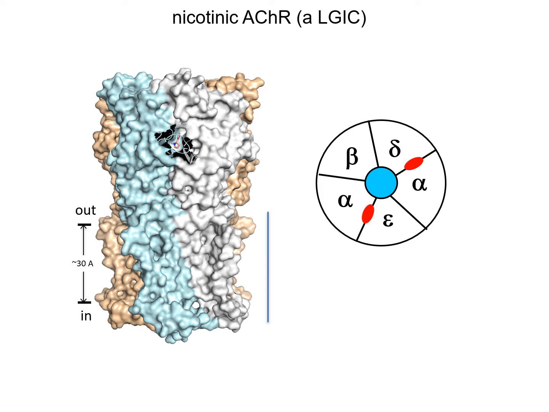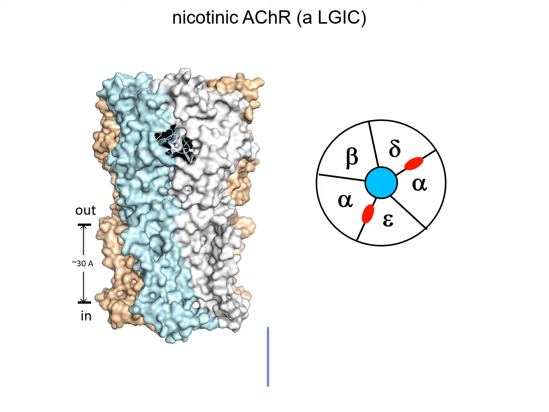In the transmembrane domain at the center, there's a narrow region of the pore called the gate, which can switch on and off to either allow or prohibit ion flow through the channel by either connecting or separating the extracellular and intracellular water compartments. And there is also an intracellular domain, which is not shown in this picture.